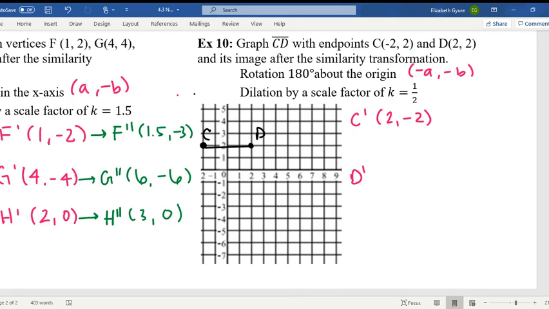You there, Jeff? Jeff's not sure if he's here. Madison, what do you think? What would I get if I applied the rule opposite of a, opposite of b to 2, 2? Good.